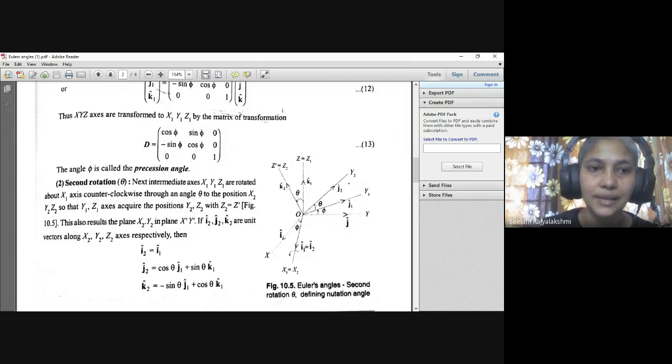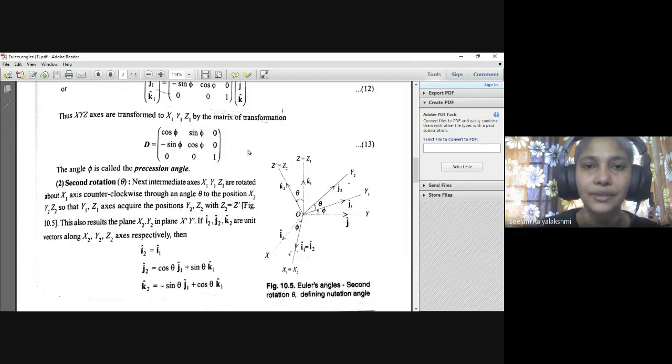In the first rotation we have phi, which is the precession angle, with rotation relative to the z axis. Here the intermediate axes are rotated about the x1 axis counterclockwise through an angle theta to the position x2, y2, z2.